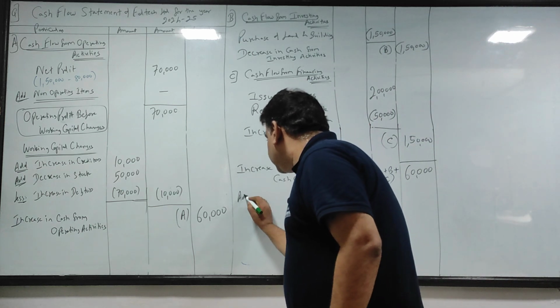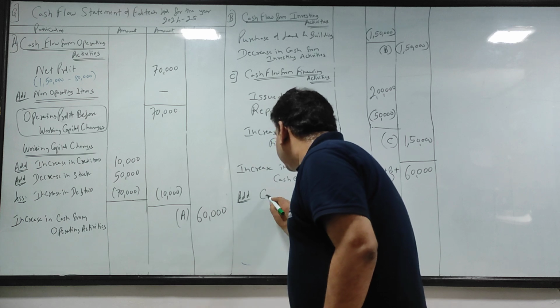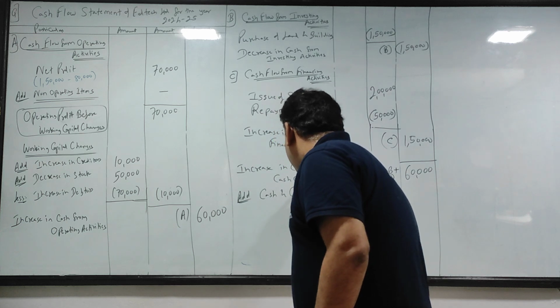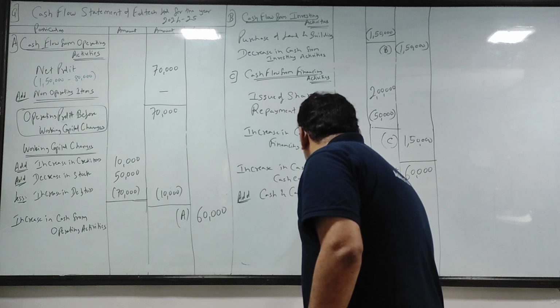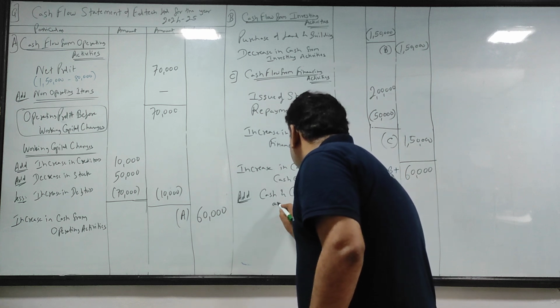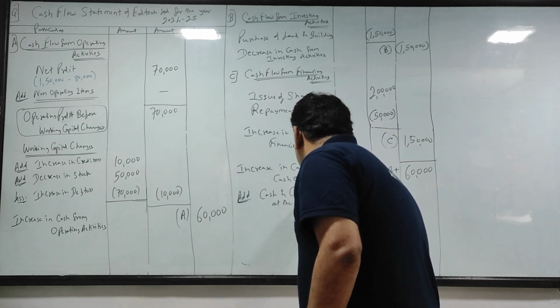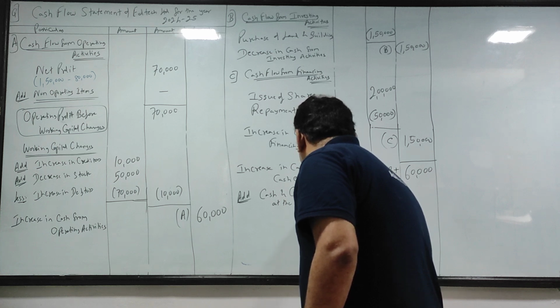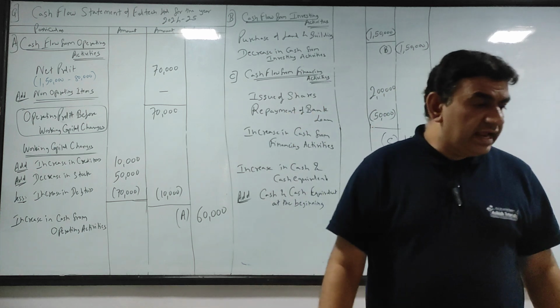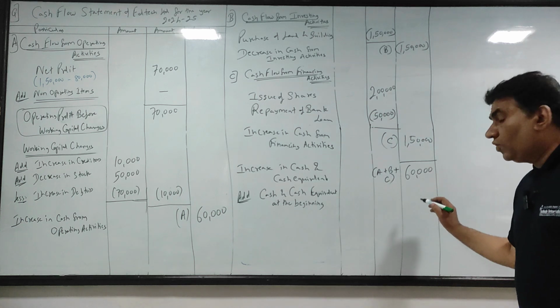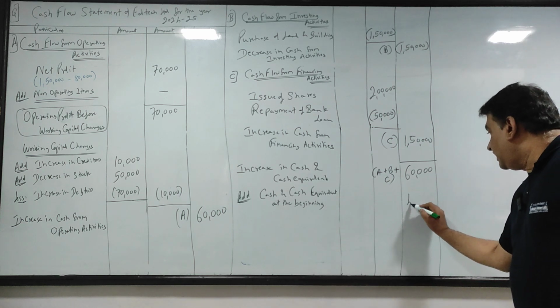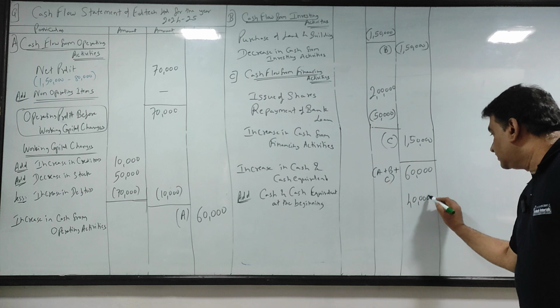To this, add cash and cash equivalent at the beginning. Cash and cash equivalent at the beginning. Look at the opening, opening cash and bank is how much? 40,000.